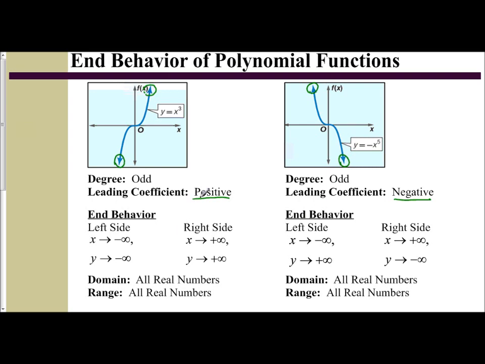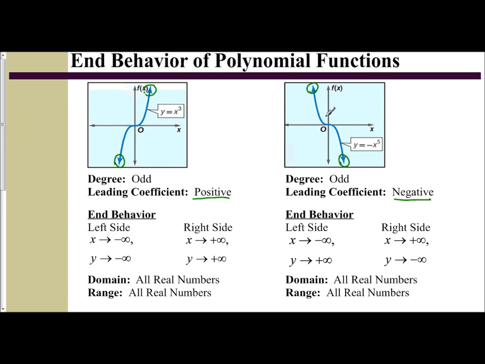That's how our leading coefficient determines our end behavior. As x approaches negative infinity on this left side, the curve is coming down, so your y is approaching negative infinity as well. On the right side, as x increases, x approaches positive infinity, your y is increasing and approaching positive infinity as well. Domain and range, since the arrows go on forever, are both all real numbers.